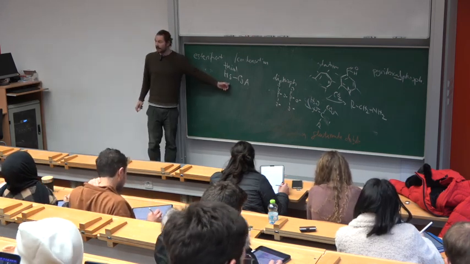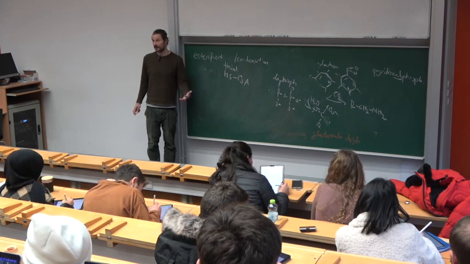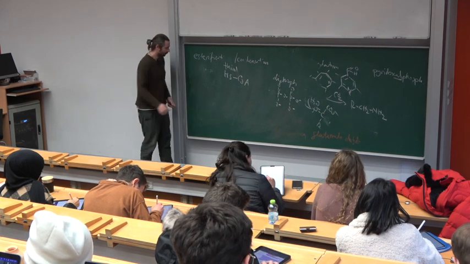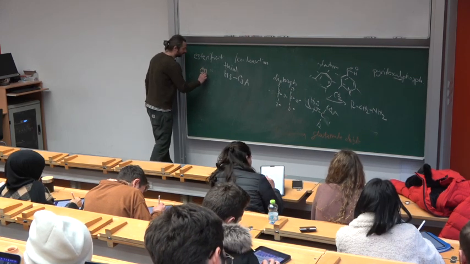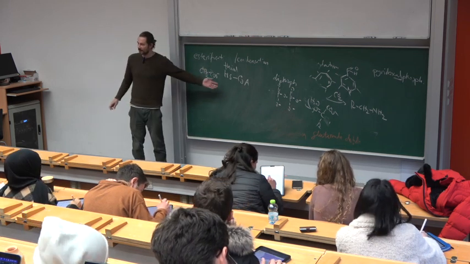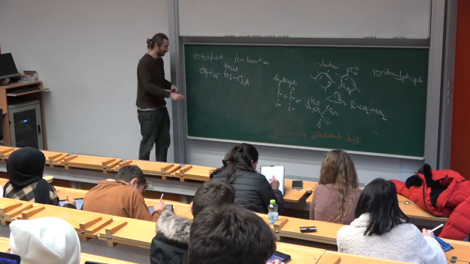Now, if we react this thiol of coenzyme A with a carboxylic acid, we get a thioester. So, for example, we could react it with acetic acid. That's not how it works, but I'm just going to show you schematically.